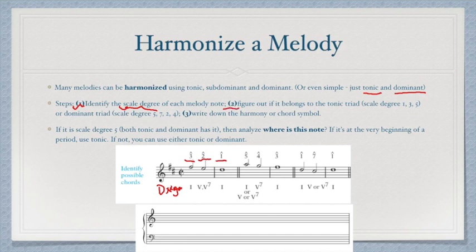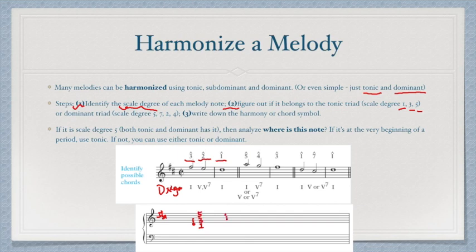The second step of harmonizing a melody is to figure out if it belongs to the tonic triad, which is scale degree 1, 3, 5. Look at here. For D major, let's write down the tonic triad. So in D major, this tonic triad is 1, 3, 5.